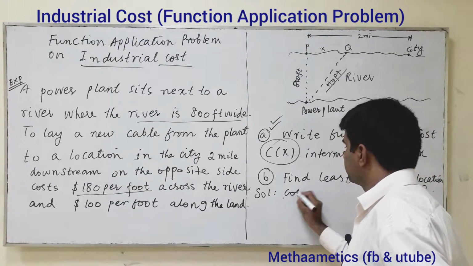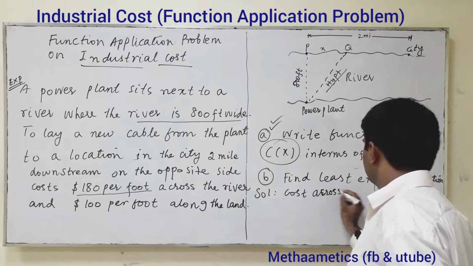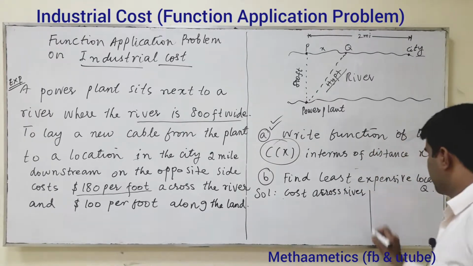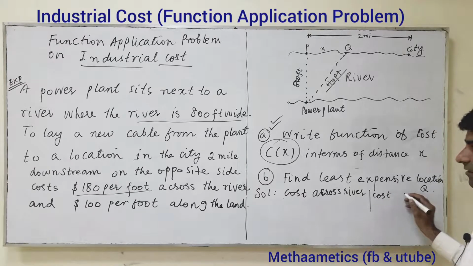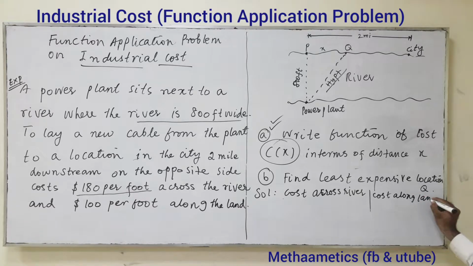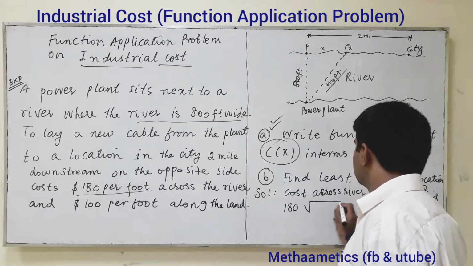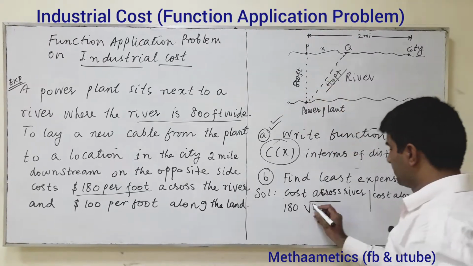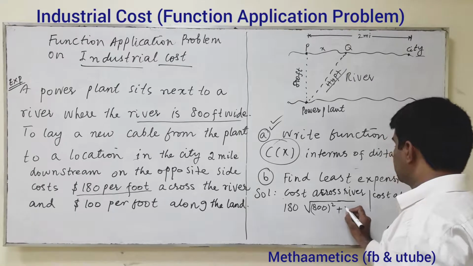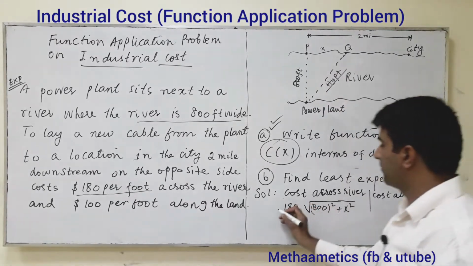Cost across the river is 180 per foot, and the feet will be the square root of 800 squared plus x squared, since base squared plus perpendicular squared equals hypotenuse squared.